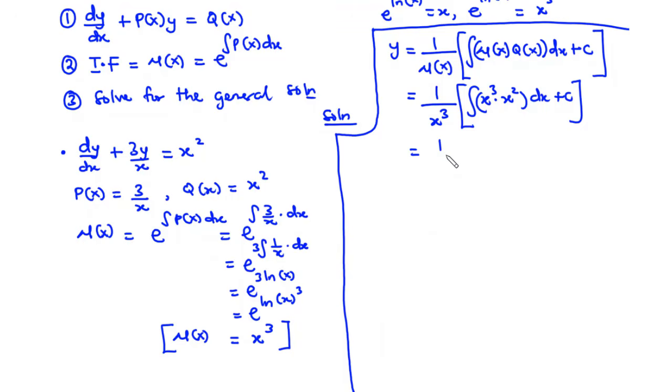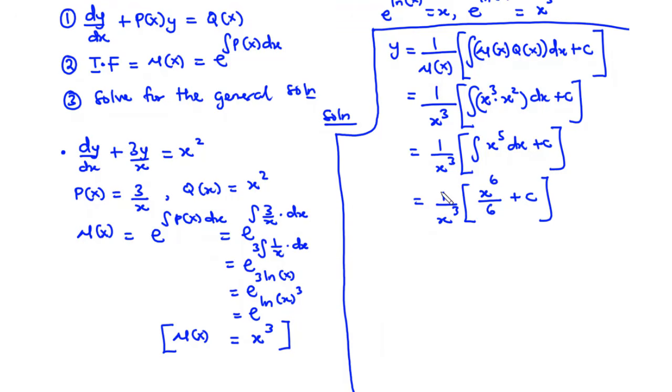Next we have 1 over x cubed times the integral of x to the power 3 plus 2, which is x to the power 5, dx plus c. When we integrate this, we increase the exponent by 1 and divide by the new exponent, and then we multiply 1 over x cubed across, so that becomes x to the power 6 divided by 6x cubed plus c over x cubed.